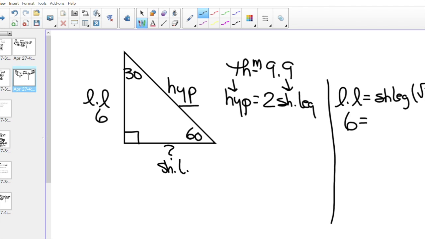Remember, I told you over here the length of the longer leg is 6. Now, the shorter leg is found by, and we're going to use some algebra skills, dividing both sides by the square root of 3.